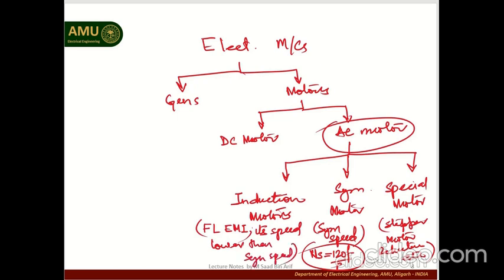Right now, we have seen that electrical machines can be categorized as generators and motors. Motors consist of AC motors. In the category of AC motors, we have our induction motor.